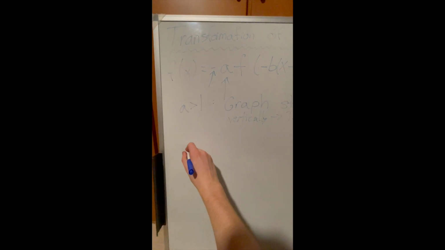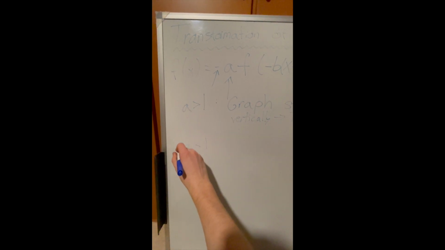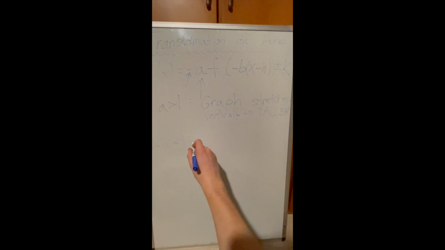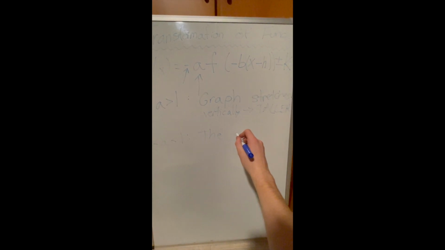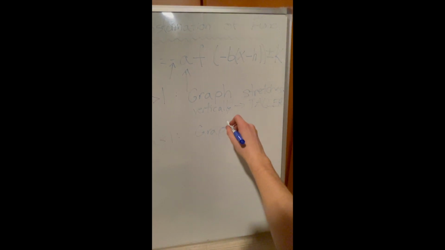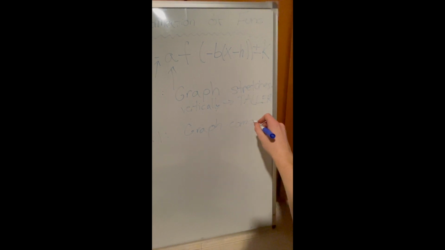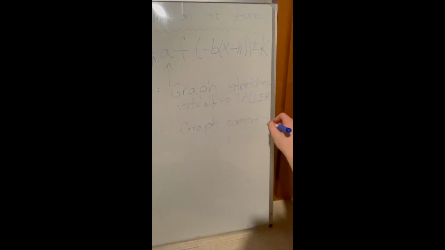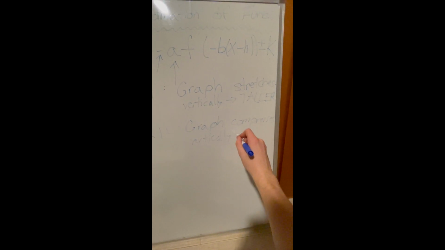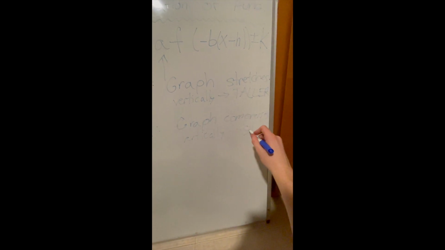If a is smaller than 1 and bigger than 0, then the graph compresses vertically, making it shorter.